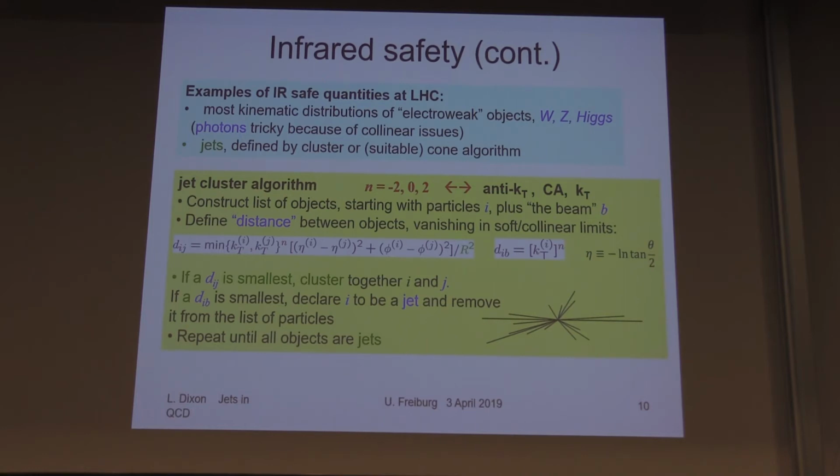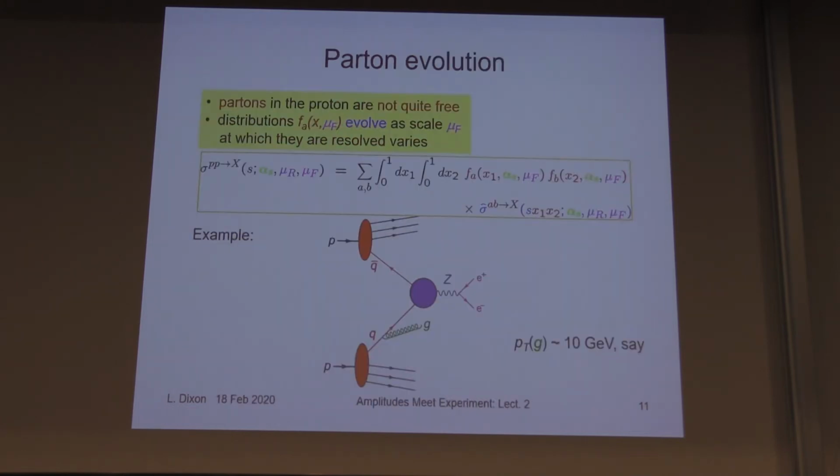And so they give very nice, safe definitions of jets. The default one that's used right now is anti-kT, used in almost all basic jet studies. When you do some other more sophisticated things, like jet substructure, then you can sometimes make use of other algorithms. So this is basically a very powerful tool.